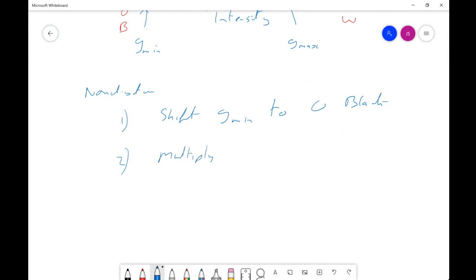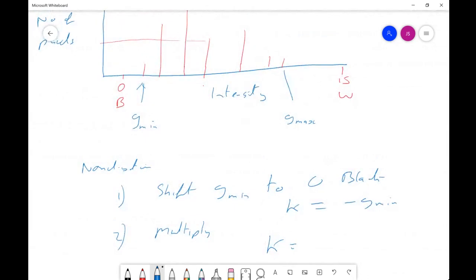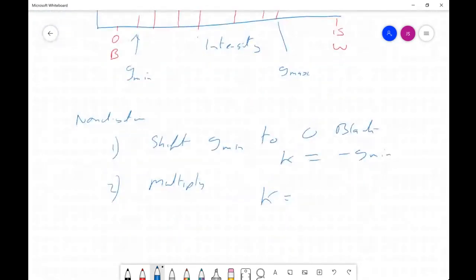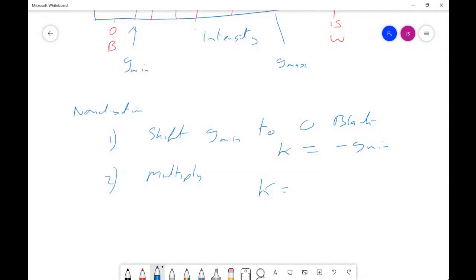And the multiplication factor, here the k in the shift is minus Gmin. And the multiply, k is going to be equal to the shifted high intensity, which will be Gmax minus Gmin, W divided by Gmax minus Gmin.